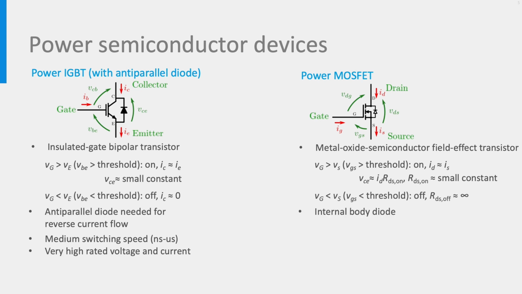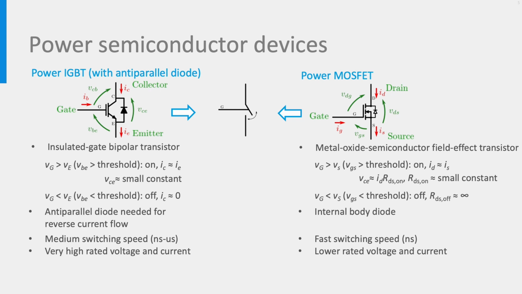Unlike IGBT, MOSFET has an internal body diode for reverse current flow. In terms of switching speed, it is also faster than IGBT and has a switching time in nanoseconds. The voltage and current ratings of MOSFETs are generally lower than that of IGBTs. Both semiconductors can be simplified with ideal switches, as shown here when examining their external behavior.